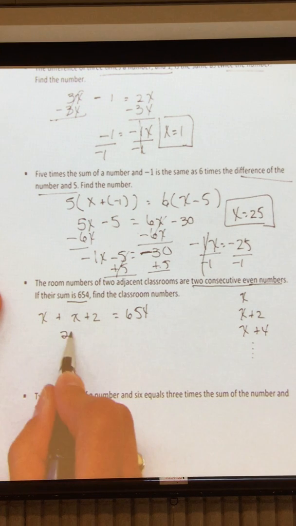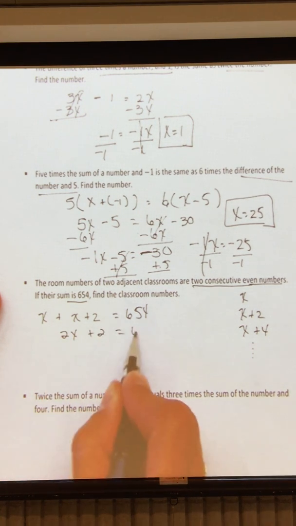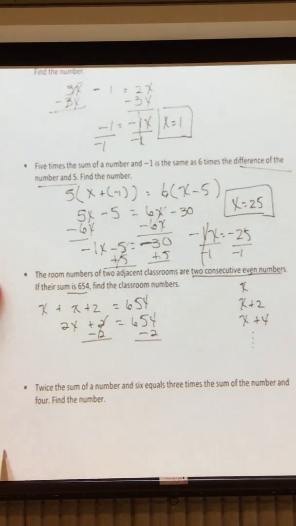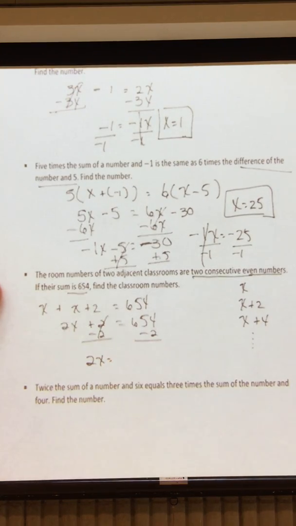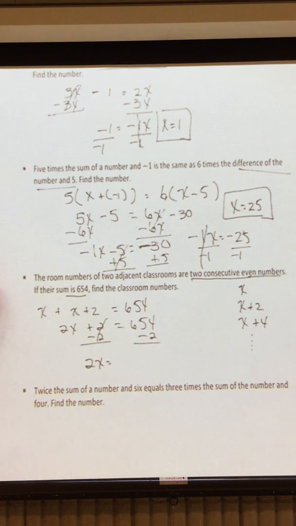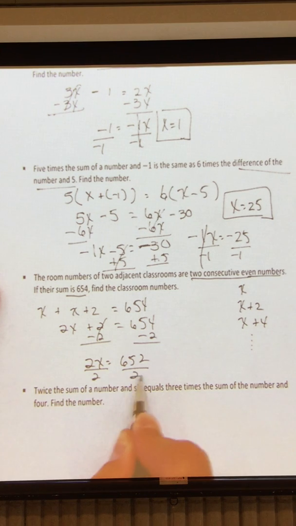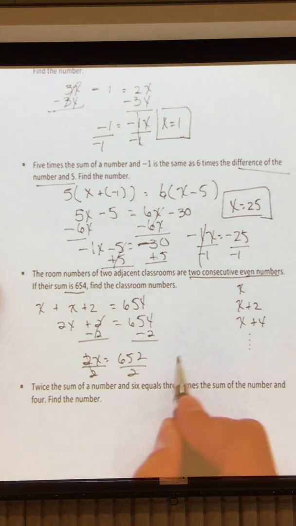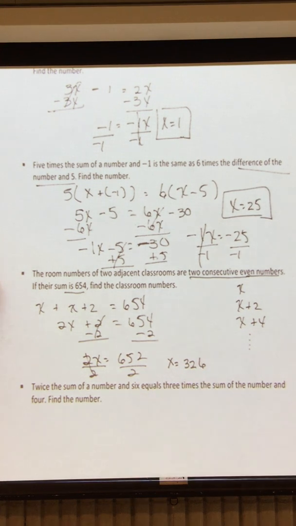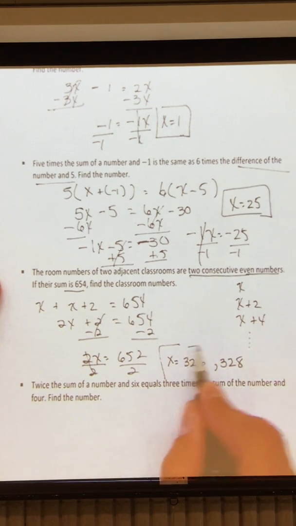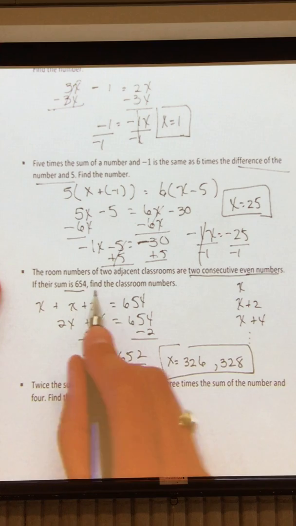Combining like terms, 2x plus 2 is equal to 654. Subtract 2 from both sides. 2x is equal to 654 minus 2 is 652. Divide both sides by 2. X is equal to 326. And the next consecutive even number is 328. And these are your two consecutive numbers that total 654.